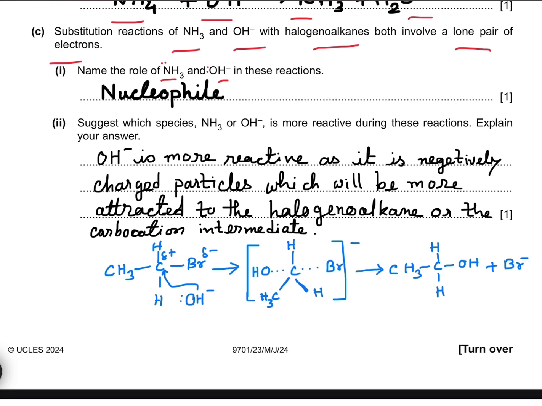Part 2. Suggest which species, ammonia or hydroxide, is more reactive during these reactions. Explain your answer. So here we can see ammonia has a lone pair of electrons and hydroxide has a lone pair and also a negative charge.